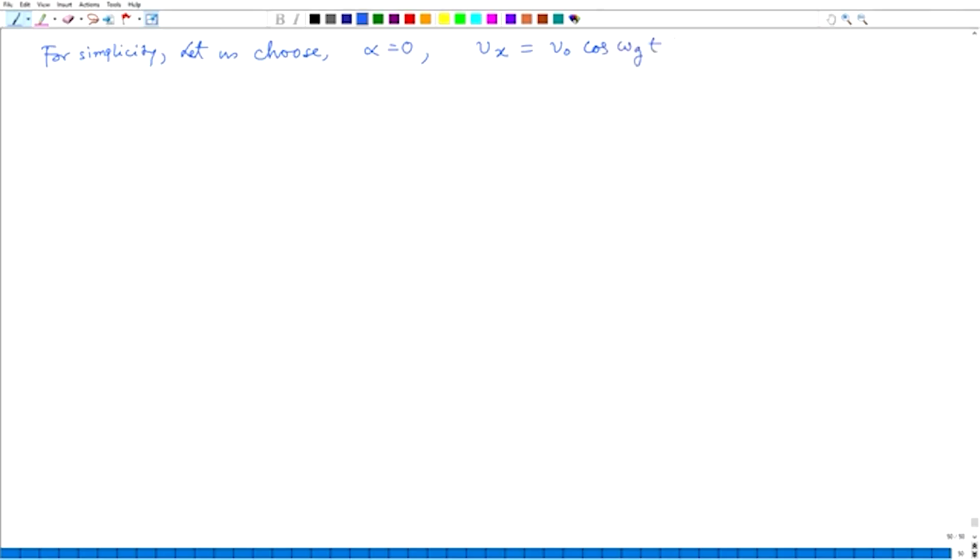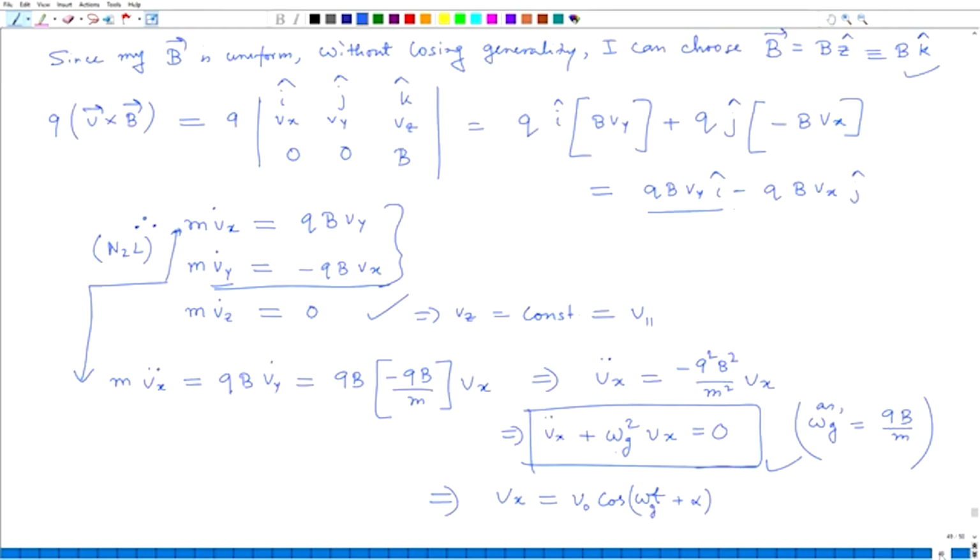And if you have this, then of course what will be Vx dot? Vx dot will be minus V0 omega g sin omega g t, and this is again from our previous equations.